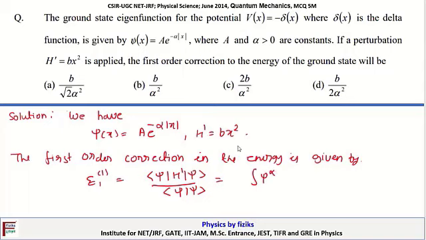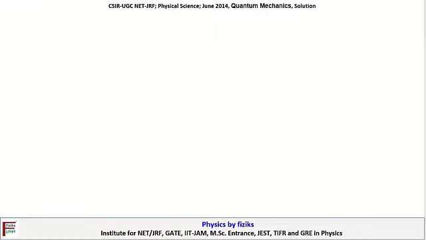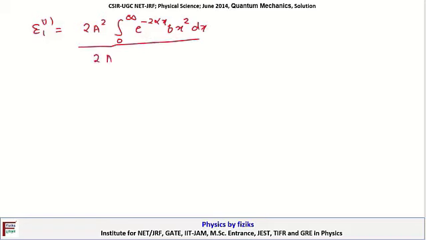So we would have the integral of psi star(x) H dash psi(x) dx divided by the integral of psi star(x) psi(x) dx. Substituting the value of the wave function, E_1 would become twice A square integral from 0 to infinity of e to the power minus 2 alpha x Bx square dx. In the denominator we would have twice A square integral from 0 to infinity of e to the power minus 2 alpha x dx.